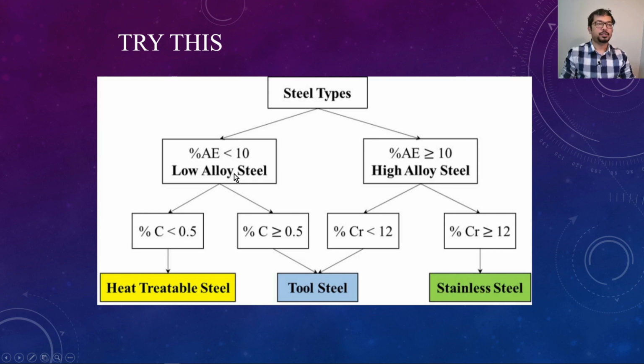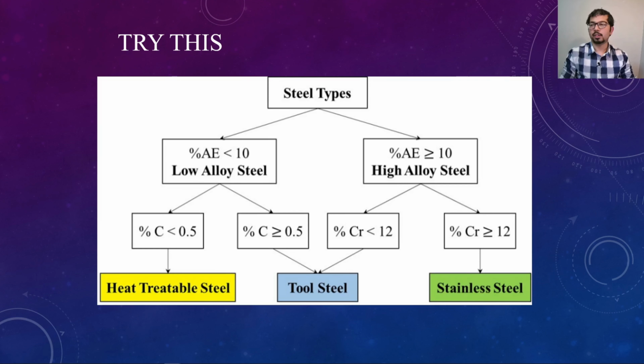If it's low alloy steel, but it has a carbon content higher or equal to 0.5%, it will be called a tool steel. Similarly, you can see there's stainless steel and also there's a tool steel. So we have to do this in Excel using logical tests.